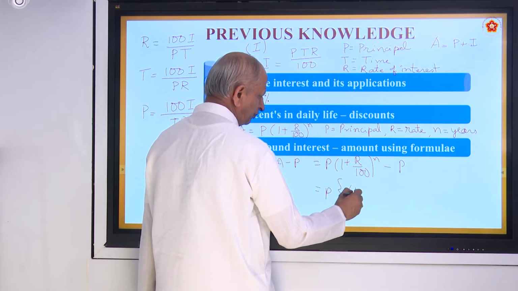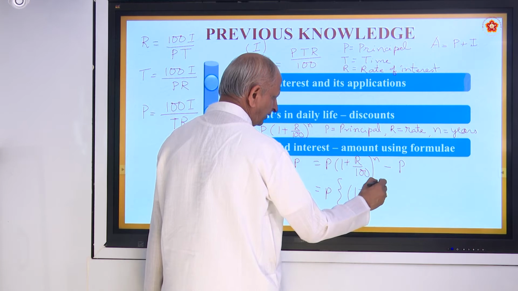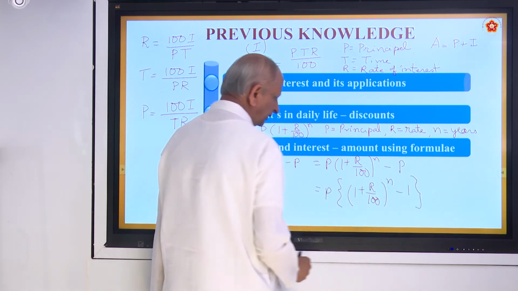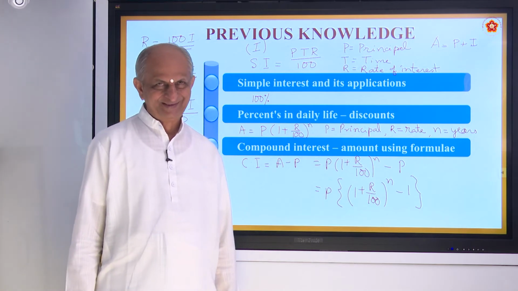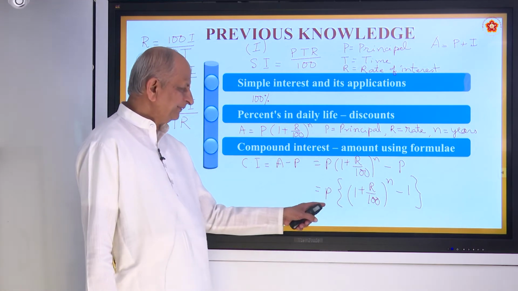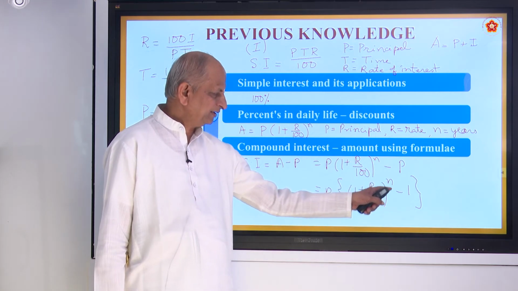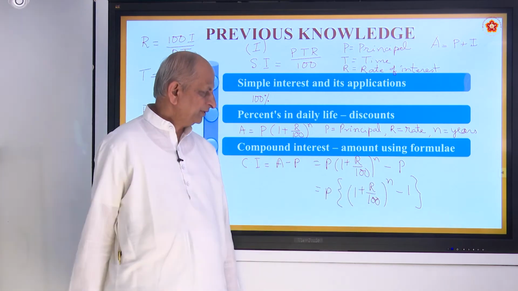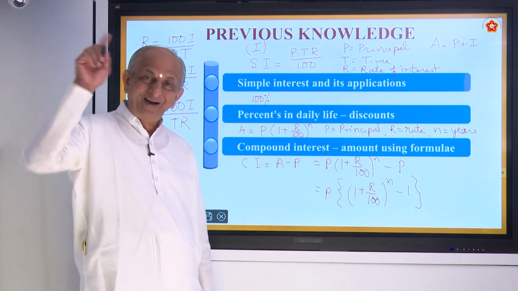You have (1 plus R by 100) to the power of N minus 1. That is the formula for compound interest. What does P stand for? Principal, R rate of interest, N number of years. CI means what? Compound interest. Followed? Interest on interest.